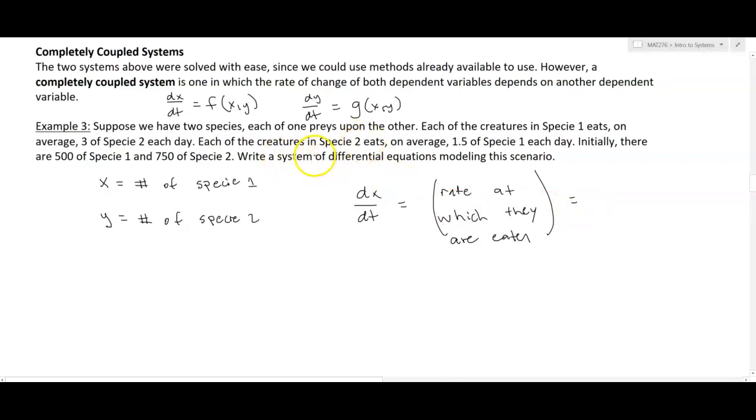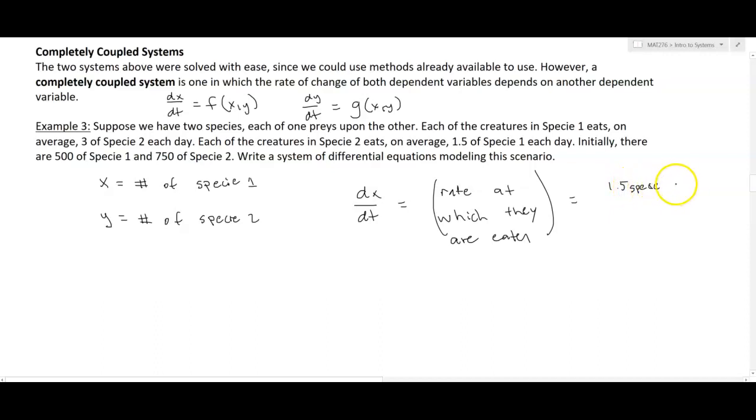Okay, well, what do we know? We know that species 1 eats on average 3 of species 2 each day, so that's not going to affect, as far as we know, the rate at which x is changing. Now that'll help them reproduce, obviously. But each of the creatures in species 2 eats on average 1.5 of species 1 each day. So if we look at the units, this should be species per day.